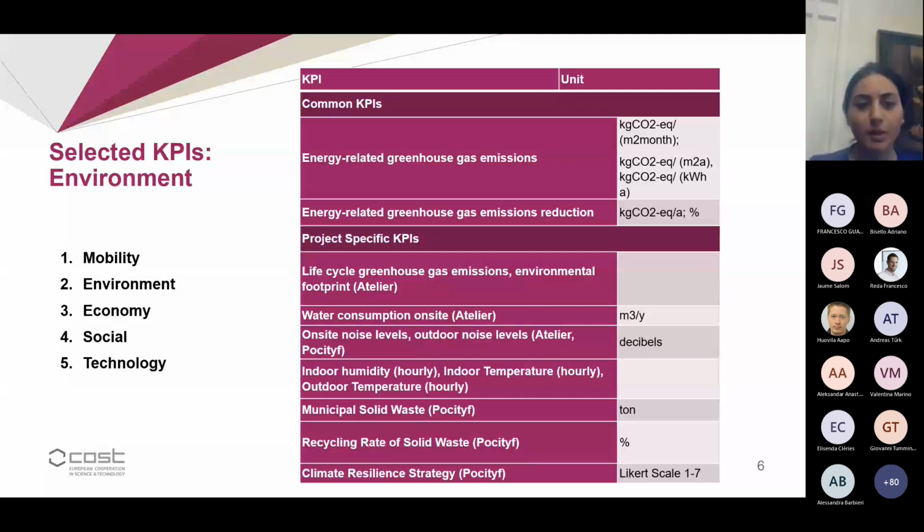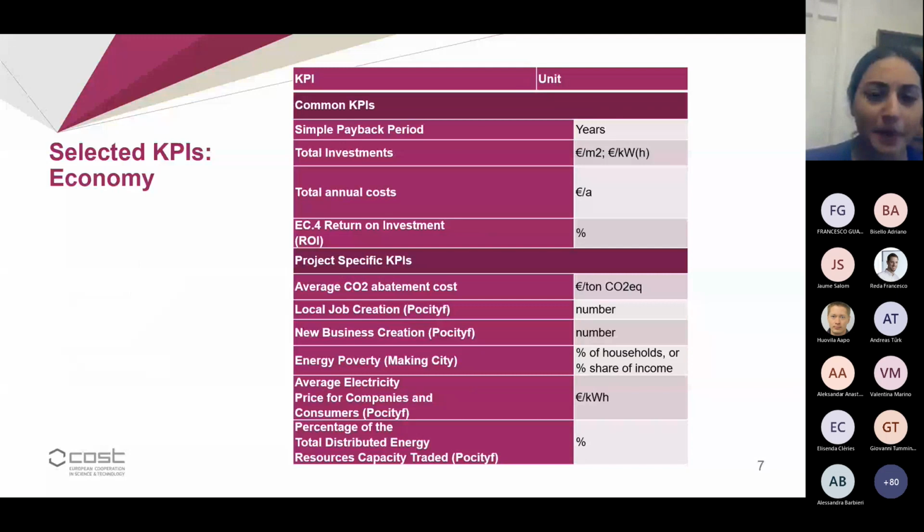And regarding the economy, simple payback period, total investment, and total annual cost. And in the case of POSITIVE, we found a new kind of KPI, which was really considering local job creation or new business creation, or in the MAKING-CITY case, energy poverty, and in the case of POSITIVE project, it was average electricity price for companies and consumers.